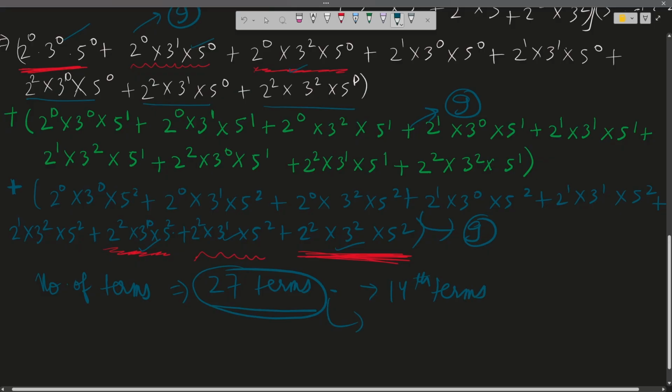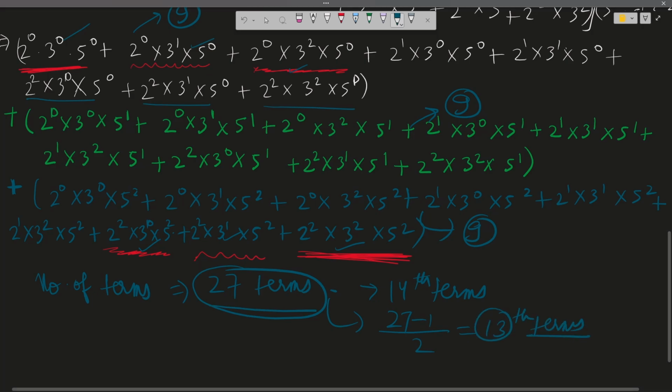How did I calculate the 14th term? Subtract 1. That means the 13th term from the start and the 13th term from the last will be getting multiplied with each other to give the composite number.